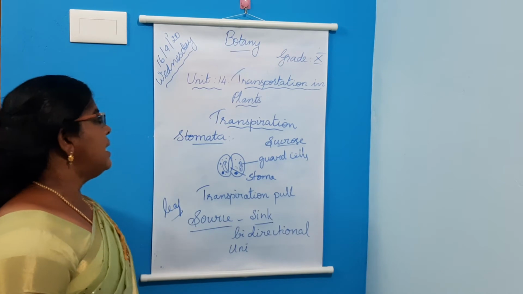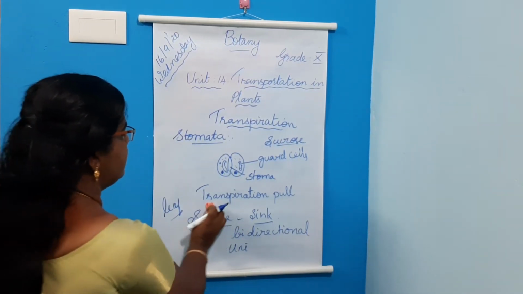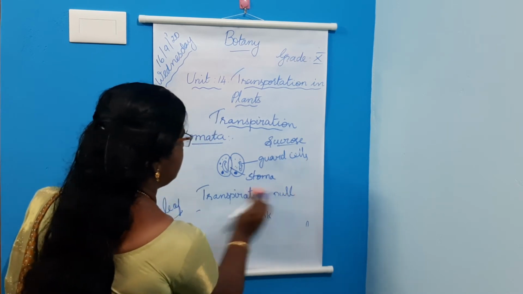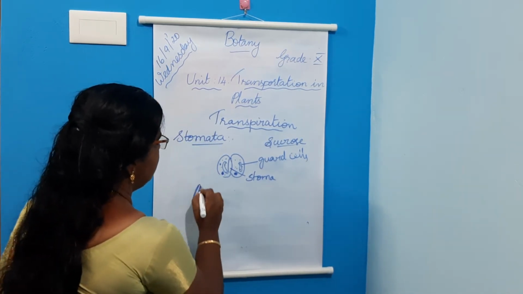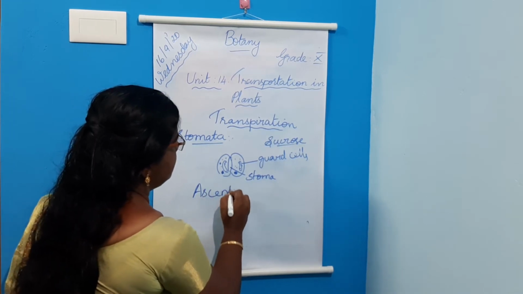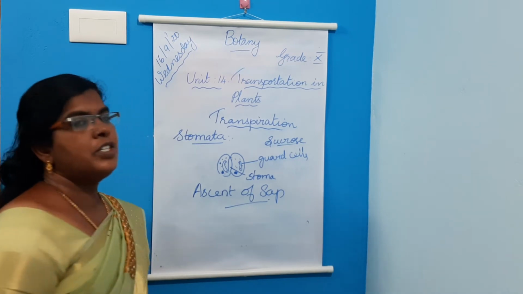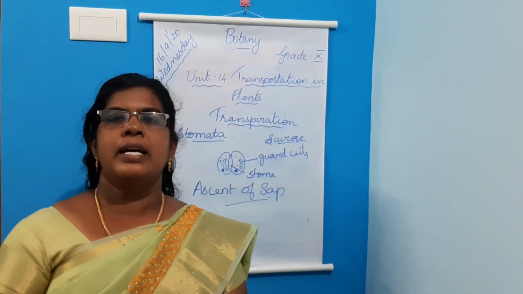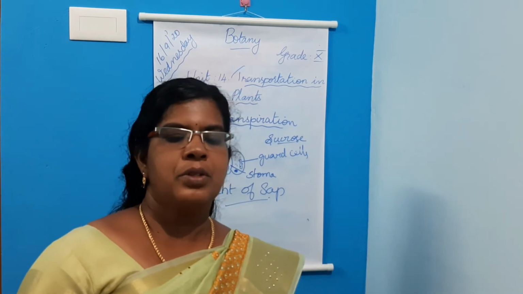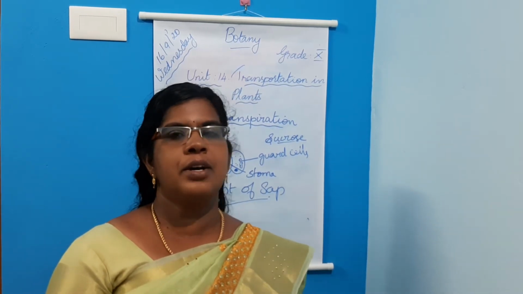Next, about ascent of sap. The upward movement of water and minerals from the roots to different parts of the plant body is called ascent of sap.